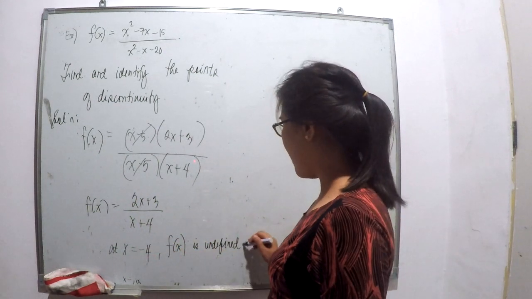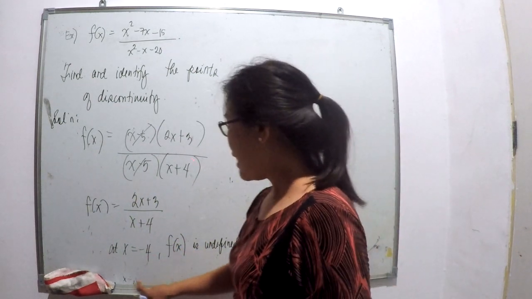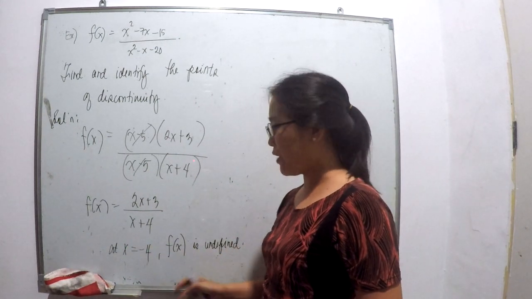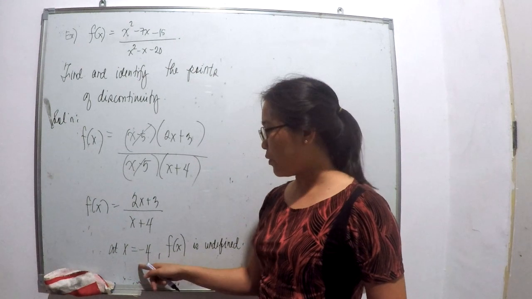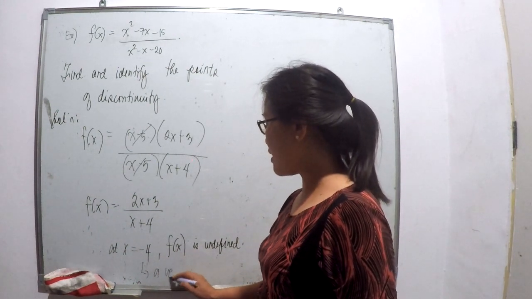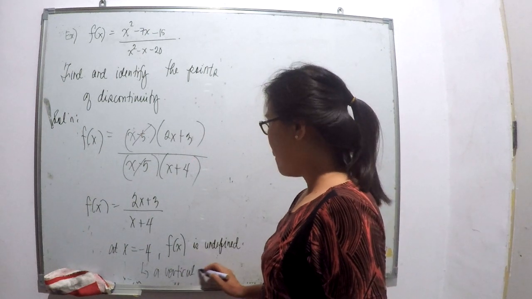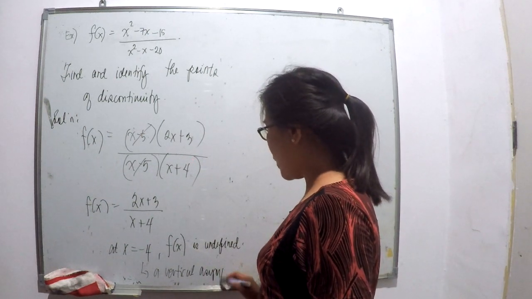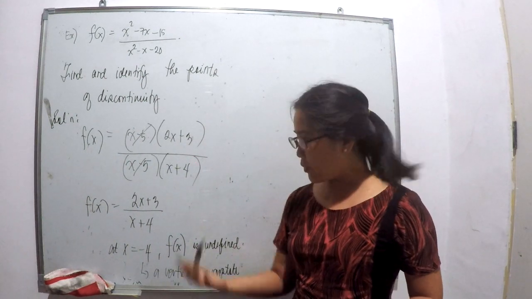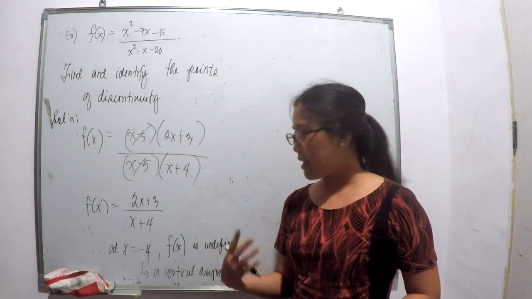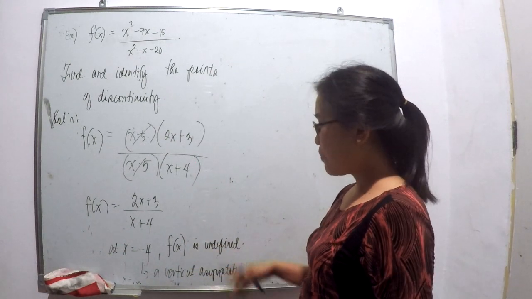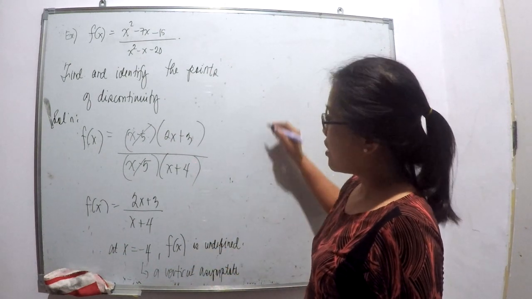In other words, if f of x is undefined at x equal to negative 4, then x equal to negative 4 is actually the vertical asymptote. So if the function has a vertical asymptote, then we can say that it has an essential discontinuity at x equal to negative 4.